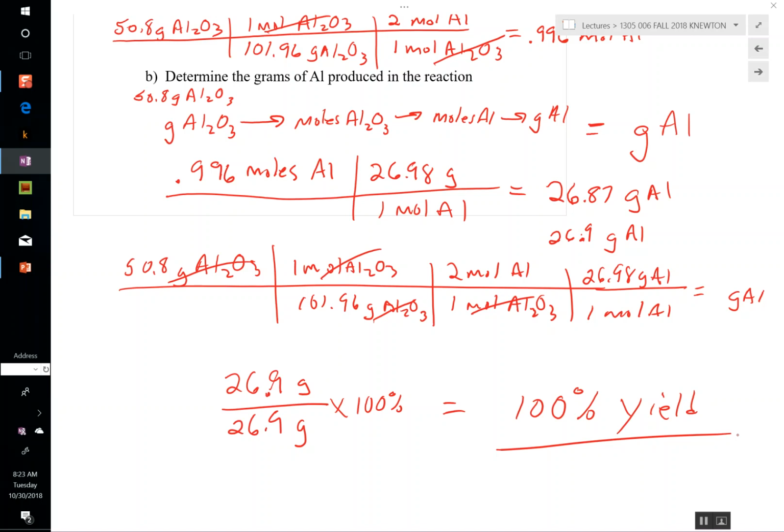We didn't want to waste anything. We were doing everything we could to get this reaction to go to completion and recover every gram that we made. We could sell it. But we never got 100% yield. No one ever does that. So that's what we mean by theoretical yield. I just want to introduce that.